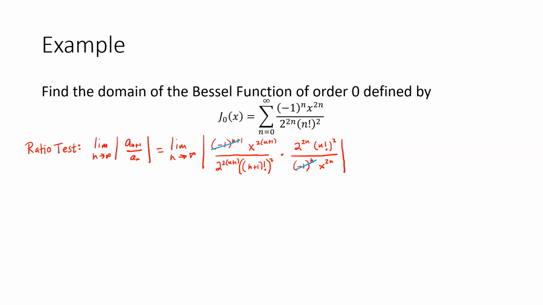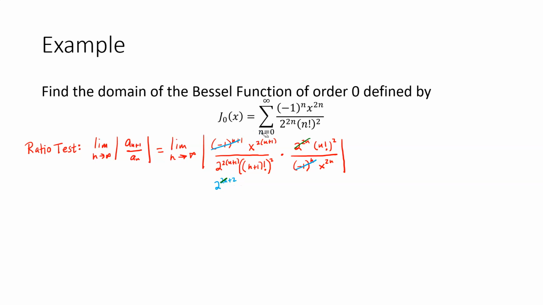For instance, here 2 to the 2n plus 1, that's really 2 to the 2n plus 2 power. So when I divide out here the 2 to the 2n with that, it'll just divide out the 2n part. So here I'm going to be left with 2 squared in the denominator. And notice something similar happens here where I've got x to the 2n plus 1, so that'll be really x to the 2n plus 2.